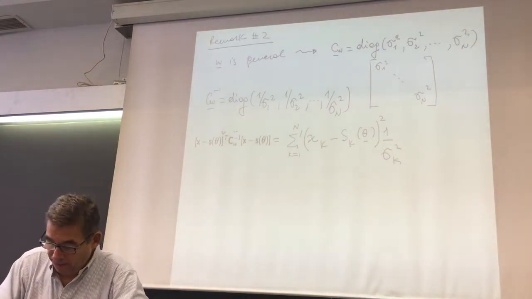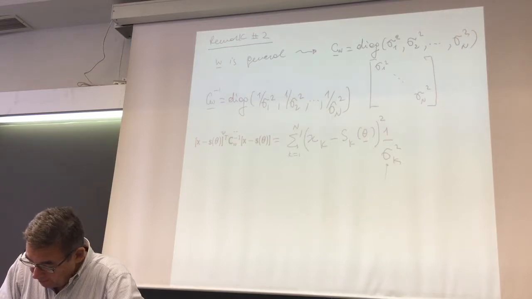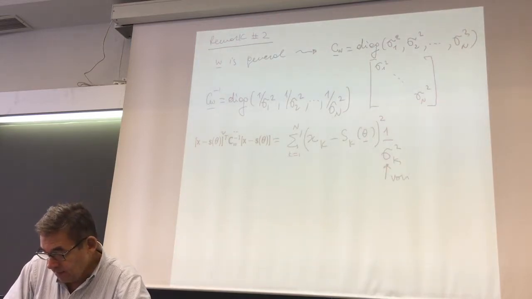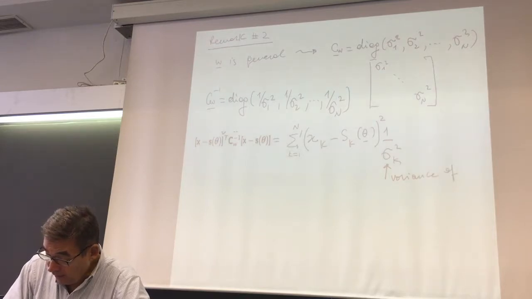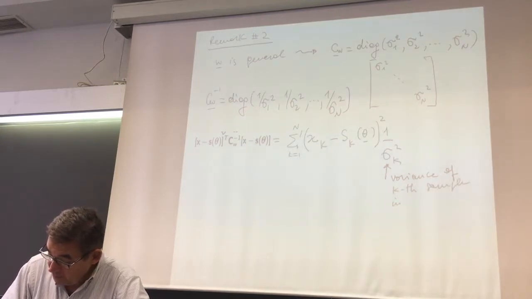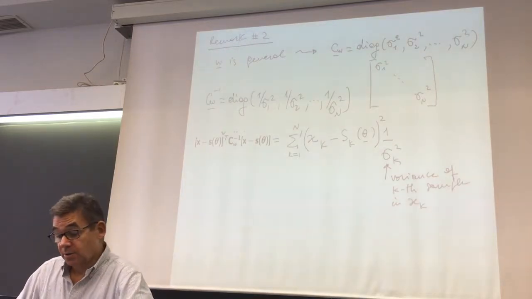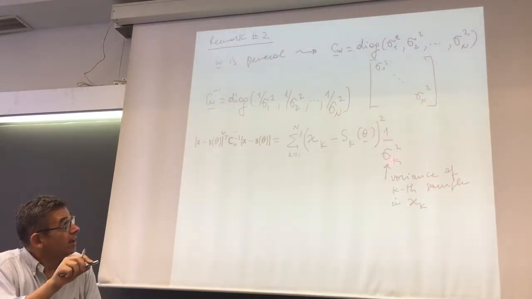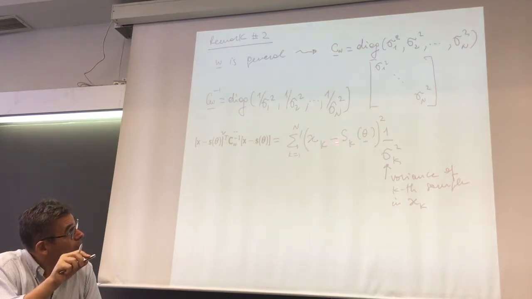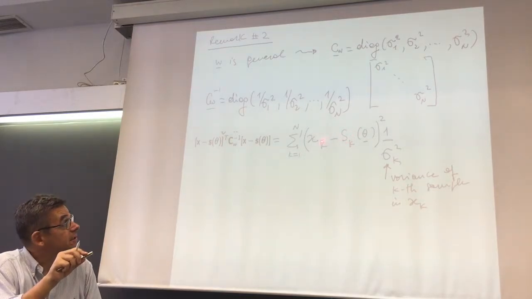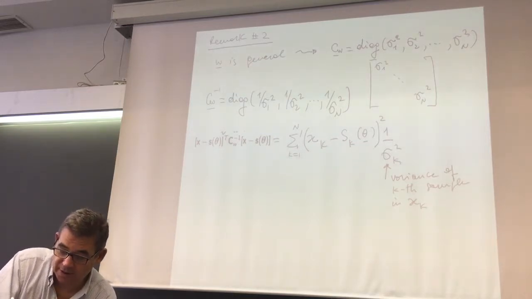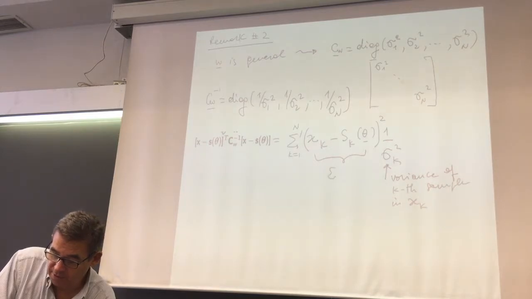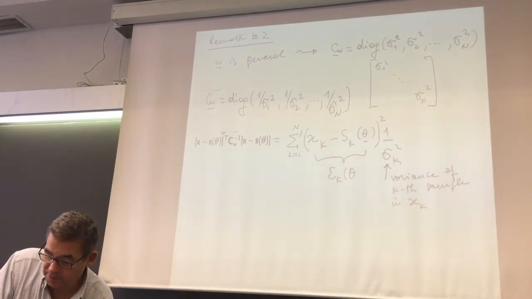Well, sigma squared k is the variance of the noise of the kth sample x_k. Now, this is the sum of the squared errors, where x_k minus s_k theta is the error on the kth sample that depends on theta.